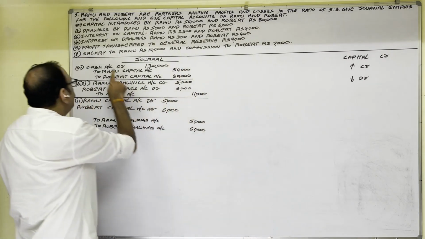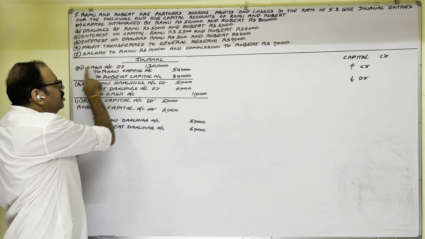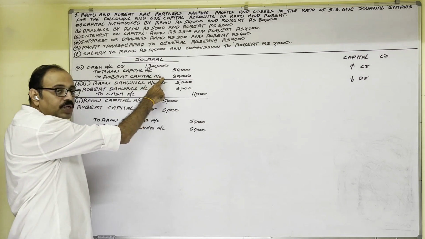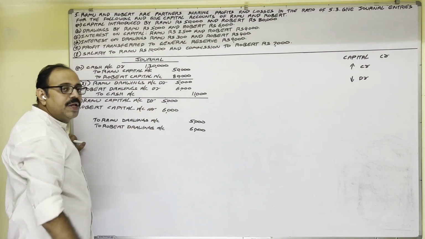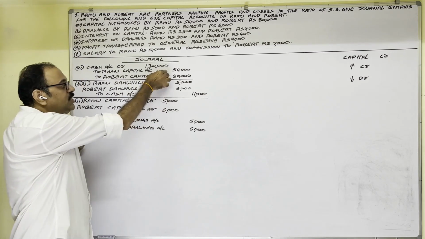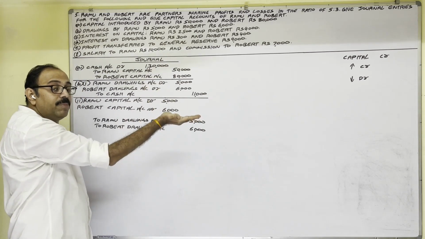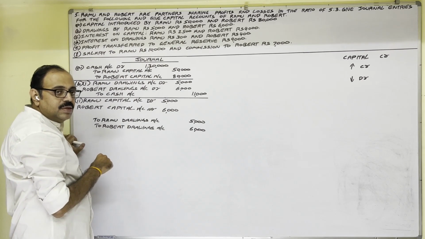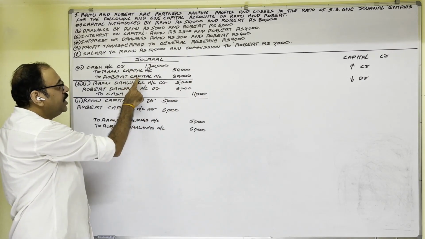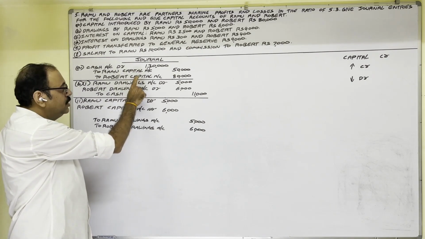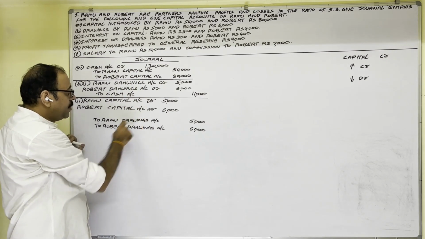Suppose, see the first A entry. Partners brought capitals into the business. So these amounts we should add to their capitals, no? Means because of this transaction, partners' capital balances are increasing. So increase means we should credit capital accounts. That is why we credited these two capital accounts. Come to this entry.